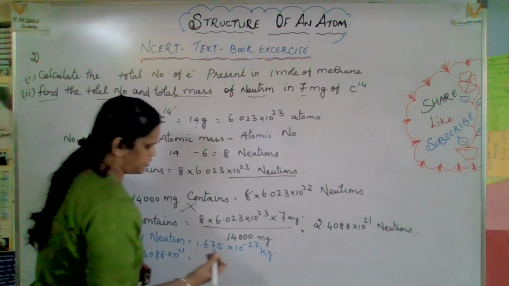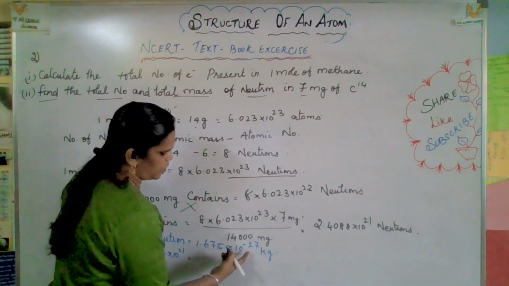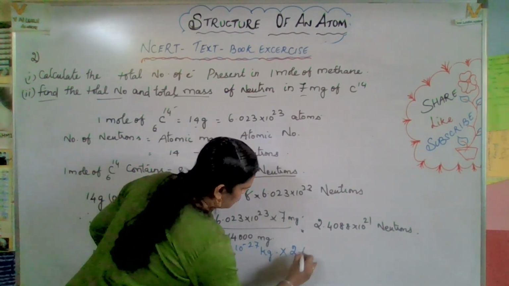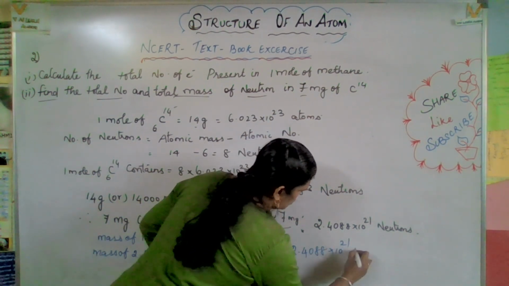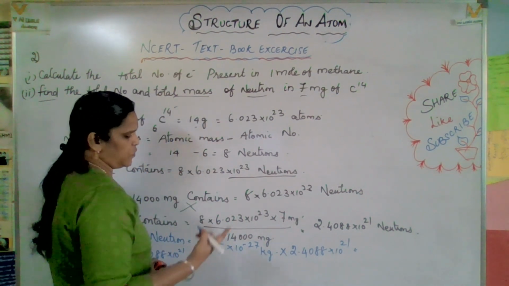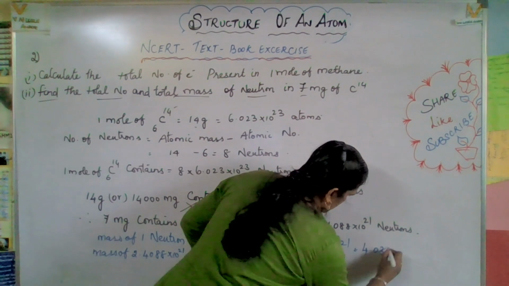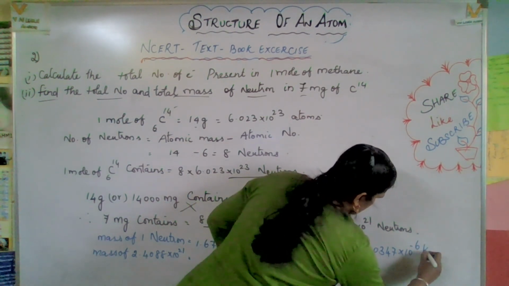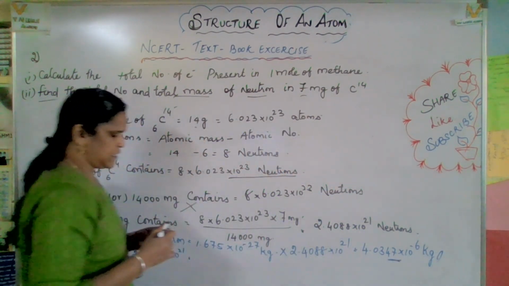So what you have to do is multiply with this. So 1.675 into 10 to the power of minus 27 into 2.4088 into 10 to the power of 21. You will get 4.0347 into 10 to the power of minus 6 kg. This is the answer.